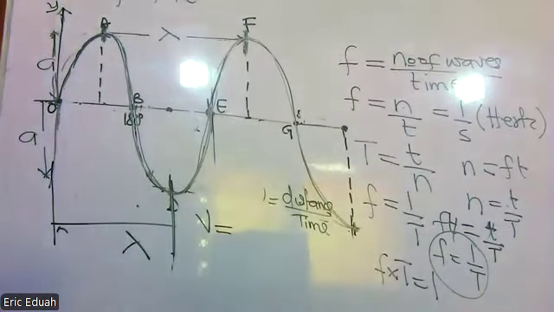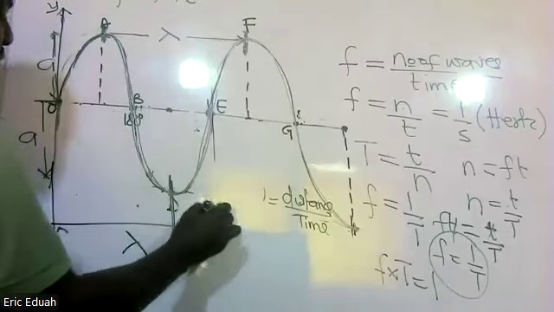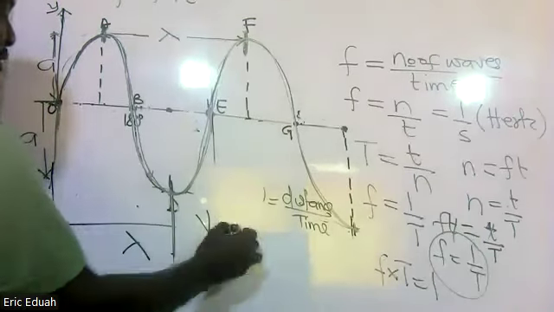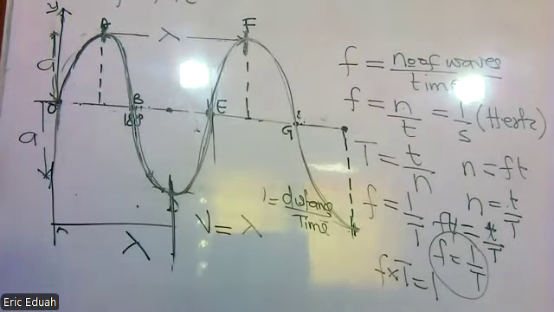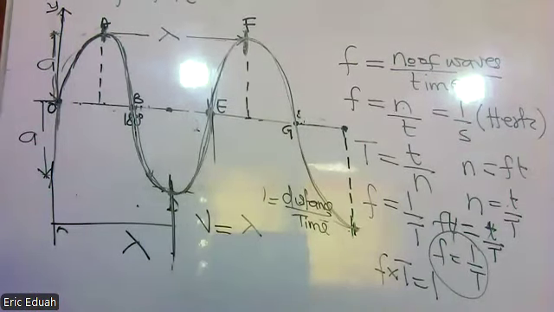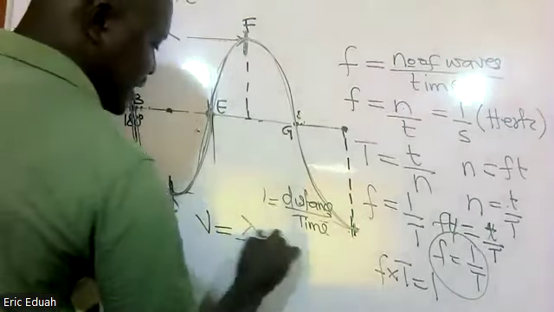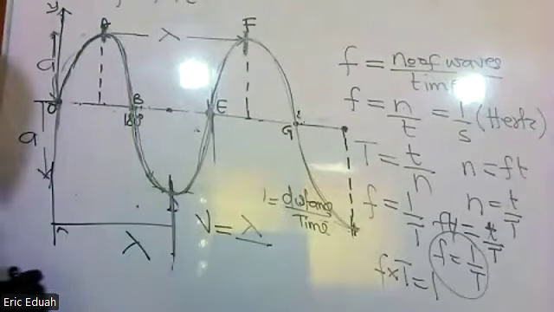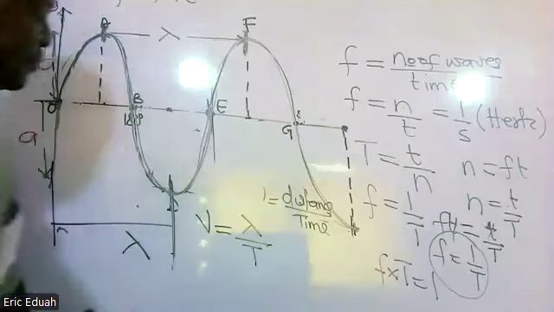But what is the distance for one complete cycle? That's the wavelength, lambda. The distance for one complete cycle is lambda, divided by the time taken to make one complete cycle, which is the period.